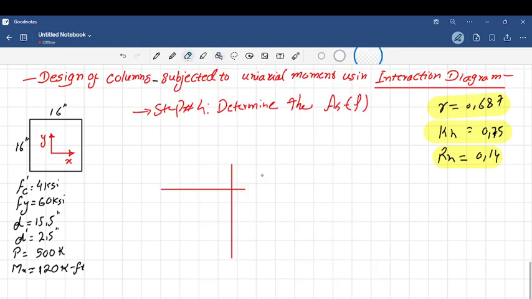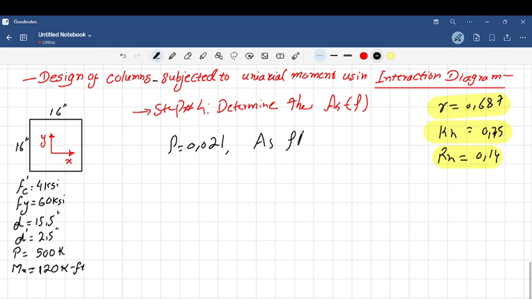So we determine the value of our steel percentage. Let me clean those lines. Rho equals 0.021. Now, As equals rho times Ag. So As in this case equals 0.021 multiplied by 16 by 16.